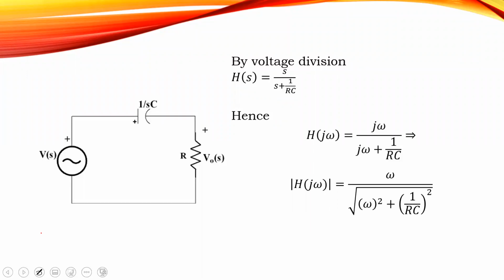That gives us our amplitude. The modulus of that function would give us our amplitude, and our angle theta would be equal to 90 minus tan inverse omega RC.